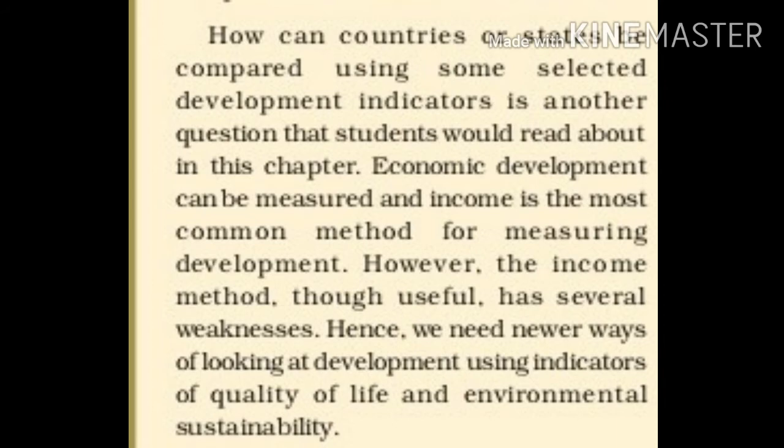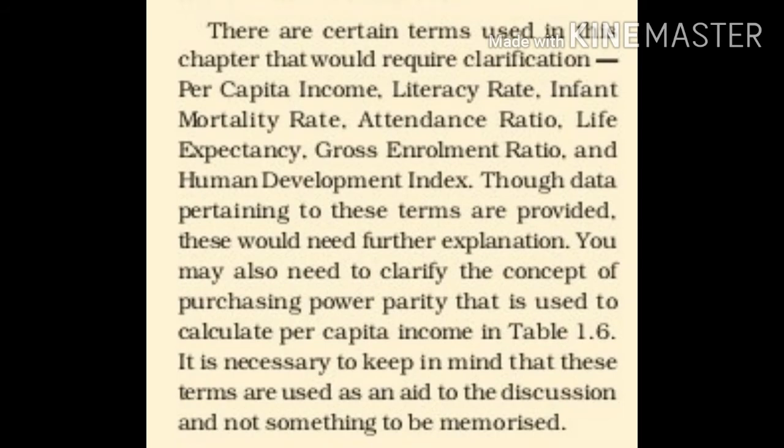And then next, there are certain terms used in these chapters that require clarification, such as per capita income, literacy rate, infant mortality rate, attendance ratio, life expectancy, gross enrollment ratio, and human development index.